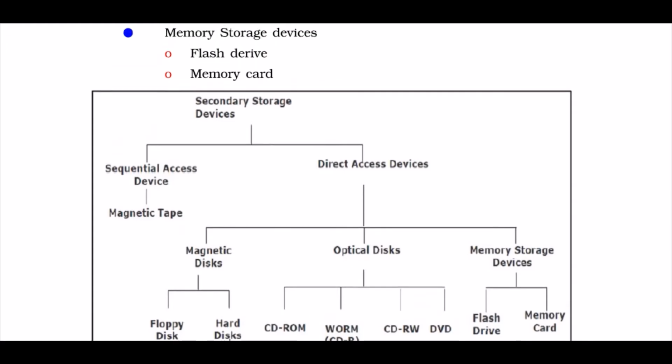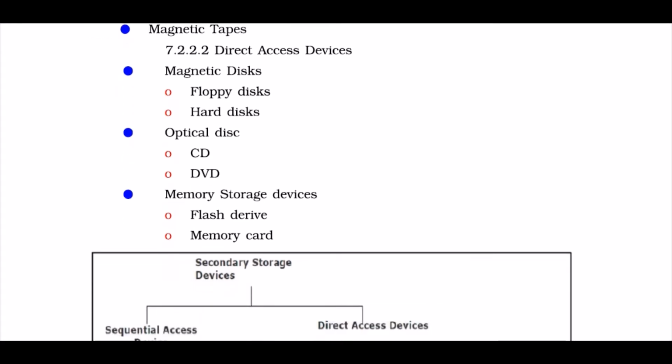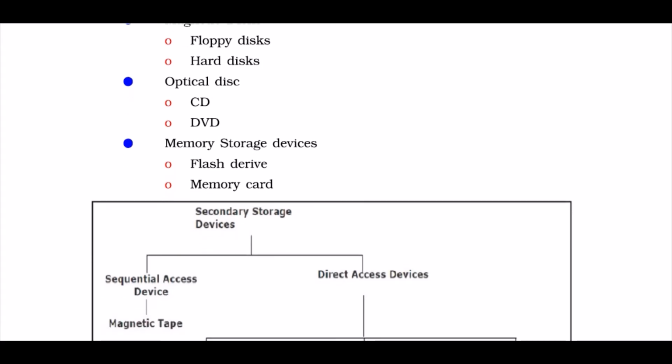We'll read about sequential types first, magnetic tapes. Second, direct access: magnetic disks, floppy, hard drive, and then optical disks such as CDs and DVDs, and then memory storage devices like pen drives or flash drives or memory cards.